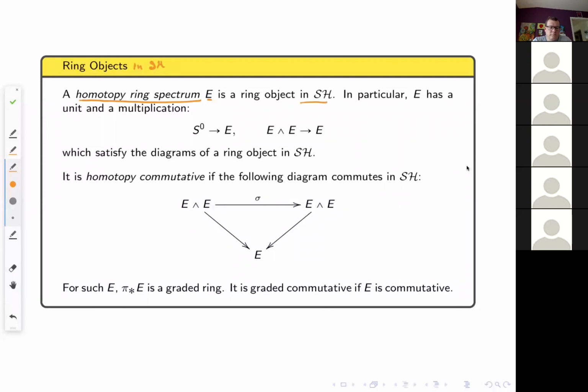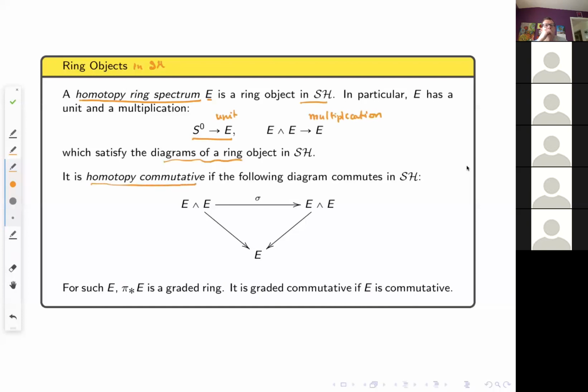In particular, E has a unit, a map from S0 to E, and it has a multiplication, a map from the smash product of E with itself to E, and they have to satisfy the diagrams of a ring object in the category SH. If you think about what associativity is, and try to write a commutative diagram that represents that, those are the diagrams you're looking for, and you want them to hold for this E.